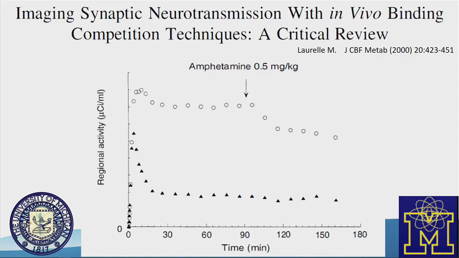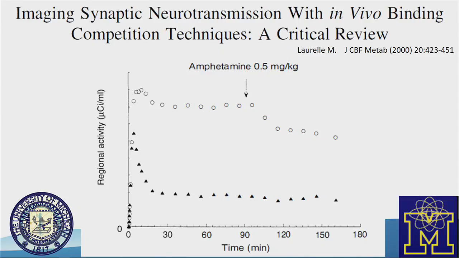The best examples of this come from dopamine D2 receptor ligands, and this is exemplified here in a research article that was published by Marc Laruelle, one of the investigators who was very interested in defining this phenomenon.